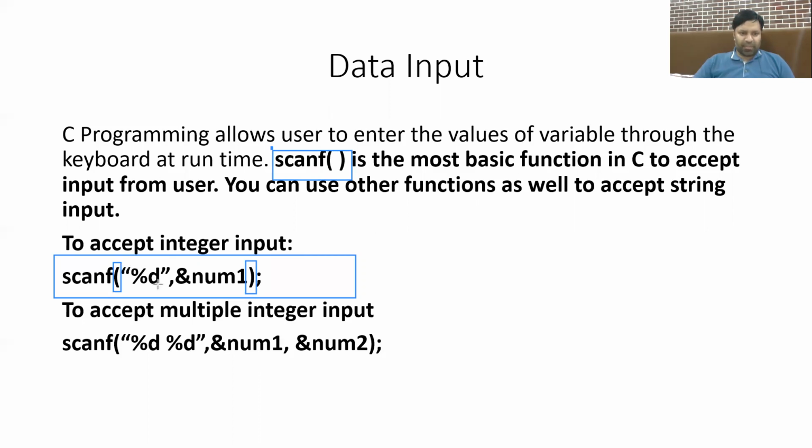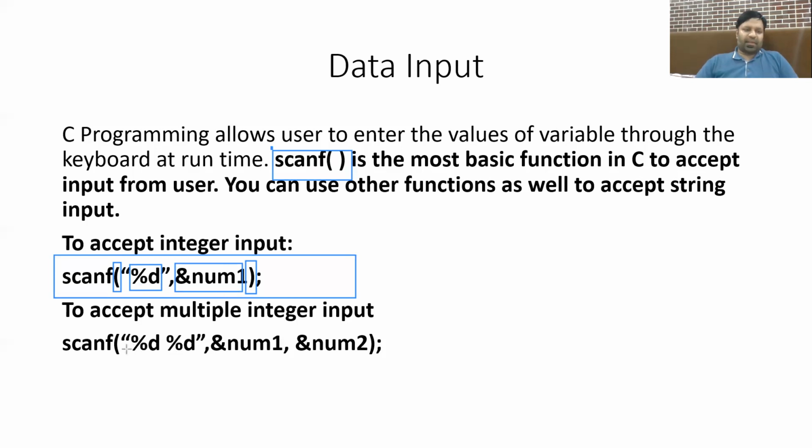For example, it is written here %d. %d is used to denote the integer value. What are the different formats that we use? You will see in the next slide. And after that, a comma is followed by the name of the variable with the ampersand operator, which indicates the variable for which the input is to be accepted.